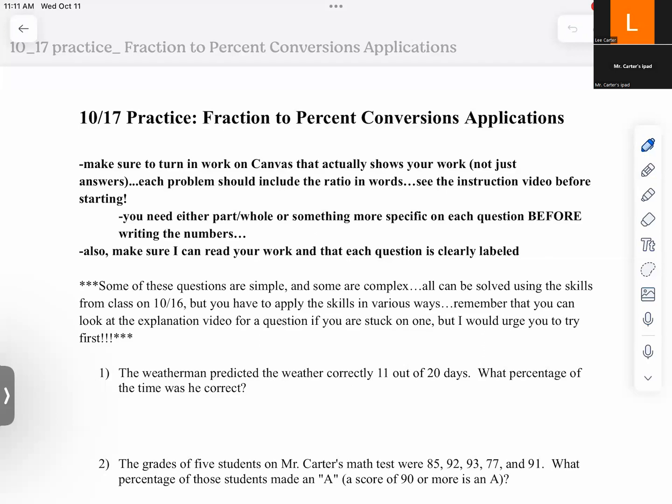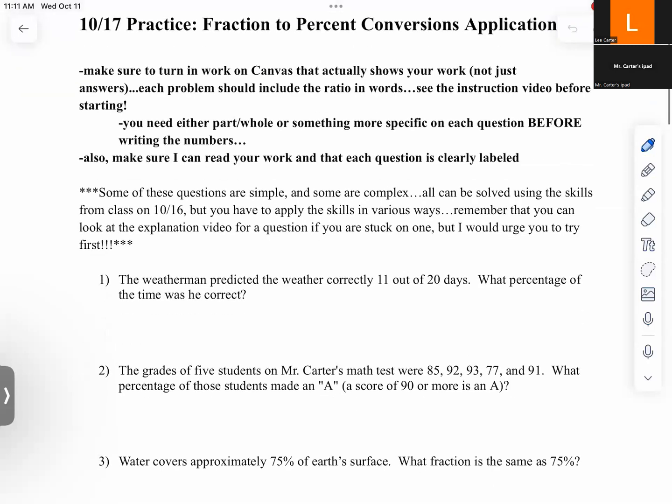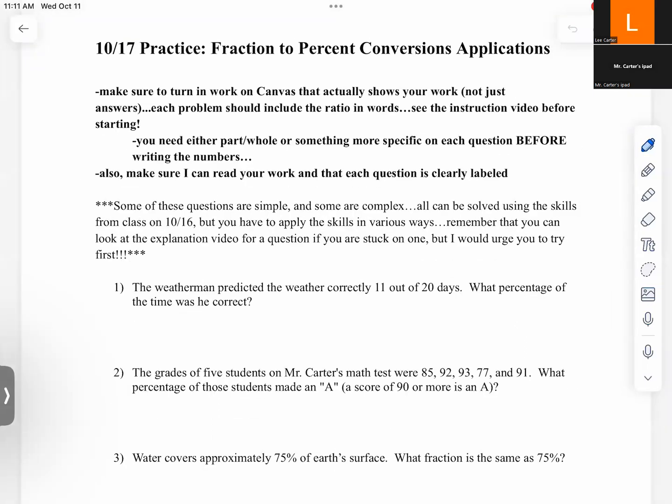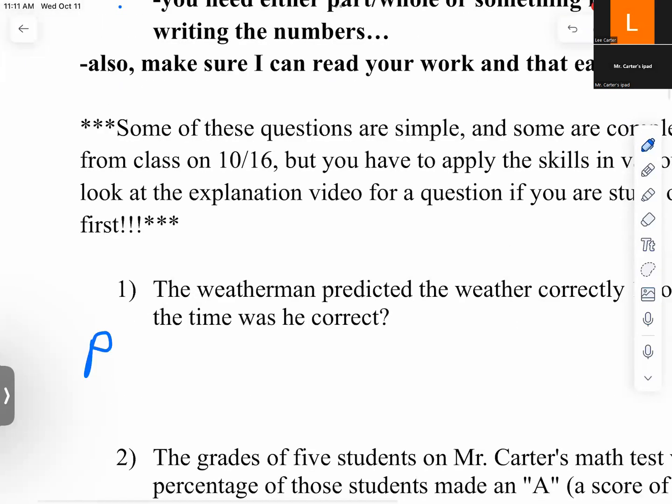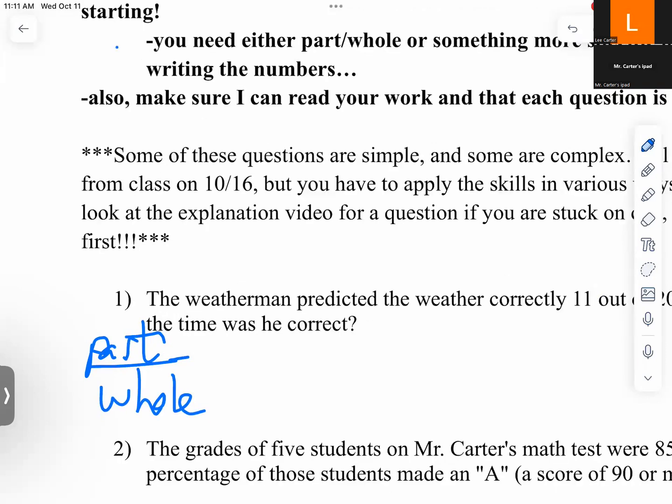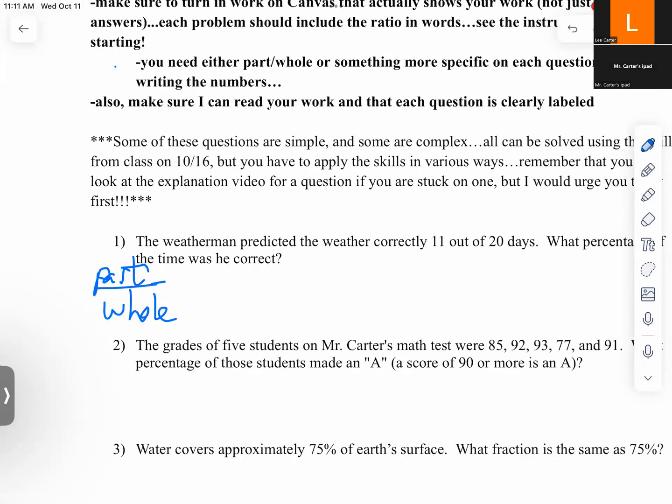All right, so some of these are pretty straightforward. For example, on number one, the weatherman predicted the weather correctly 11 out of 20 days. What percentage of the time was he correct? You could write part over whole, and you could do that on pretty much all of them on this paper.